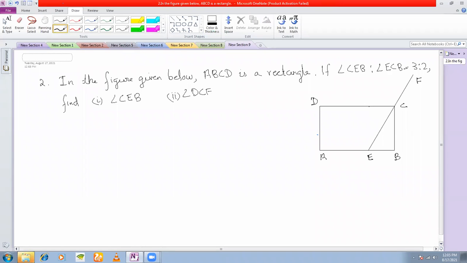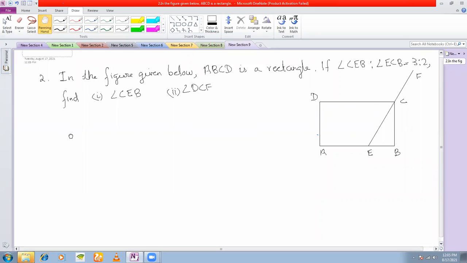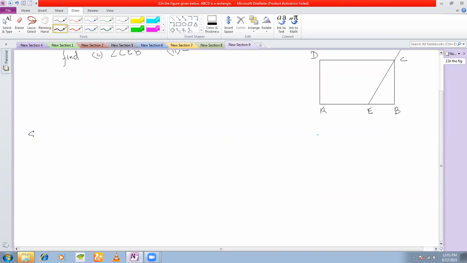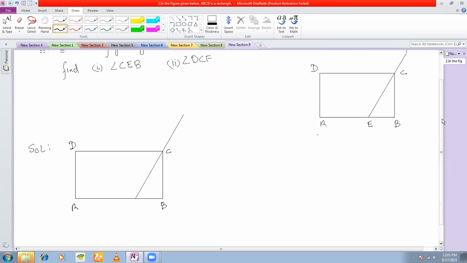Now you read the question and better you draw the diagram once again so that you can label. Okay, now once I've drawn the diagram, now read the question.